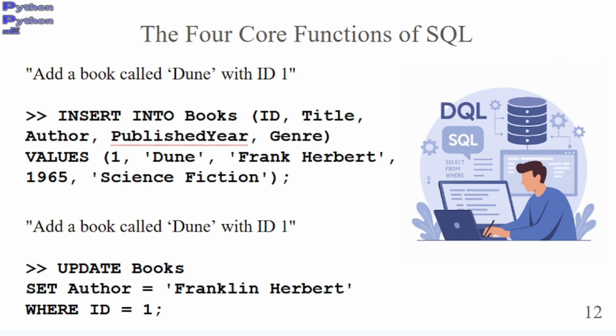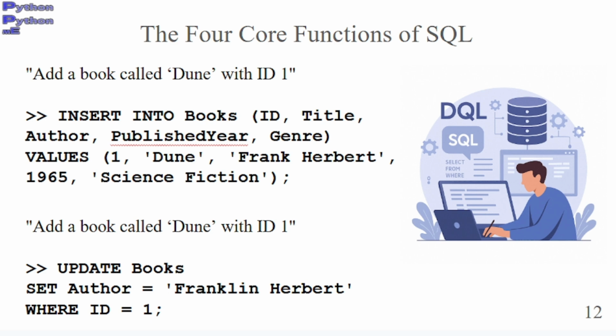Once this has been defined, we will insert the values 1, which corresponds to the ID, the title of the book, which is Dune, the author, who is Frank Herbert, the year 1965, followed by the genre, which is science fiction.